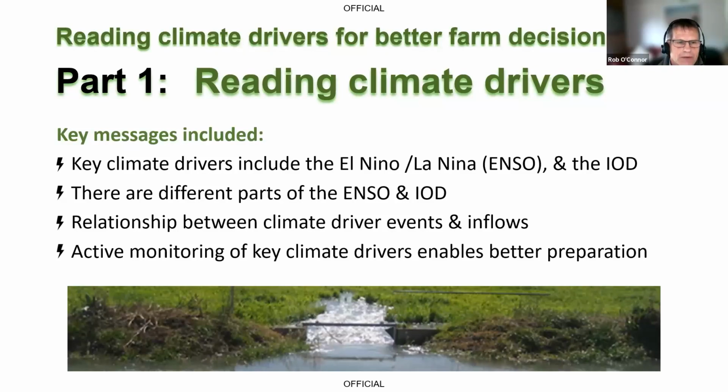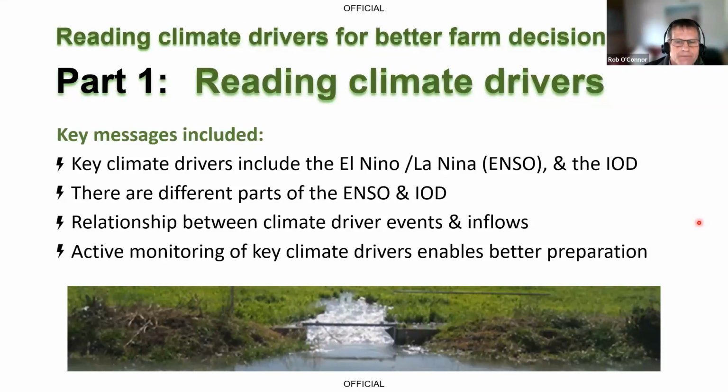Overall, a message was that active and informed monitoring of the key climate drivers, particularly through winter and spring, enables better anticipation and preparation for the upcoming seasonal conditions. And the recent rainfall that we've had in the last couple of weeks, amongst all the talk of El Nino conditions, is a really good example of that.